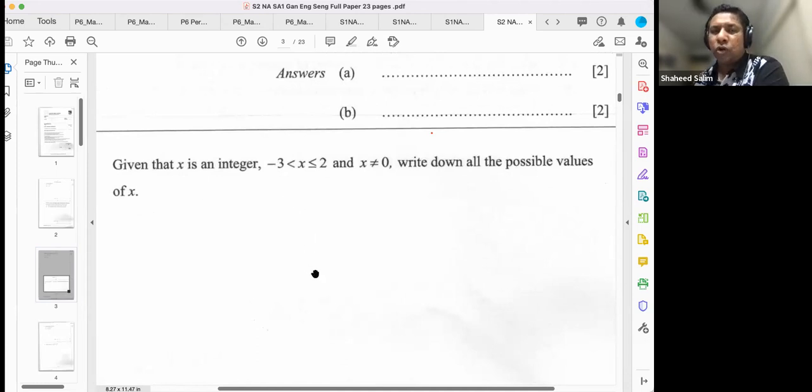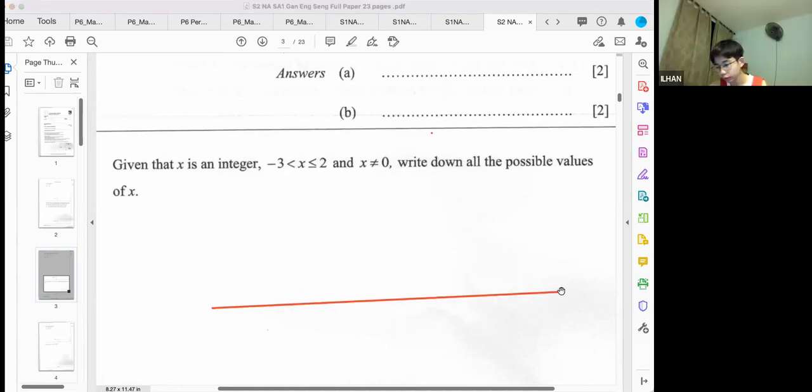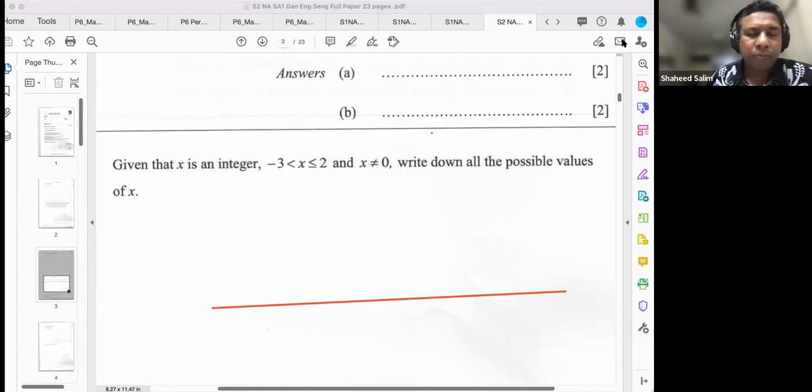If you feel confused, draw a number line. Is the answer negative 1? There are many answers. So let us draw.